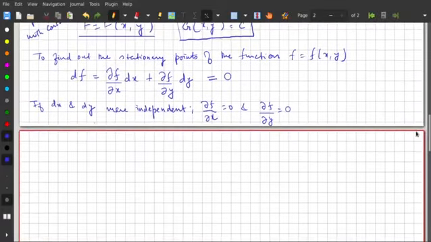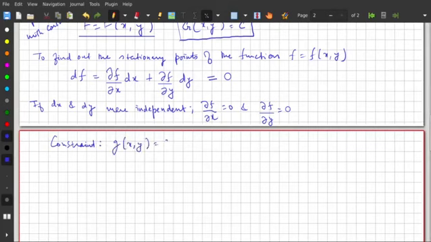But now let's say we have a constraint, given by g of x comma y equals c. Given this constraint, there is a definite relationship between x and y.